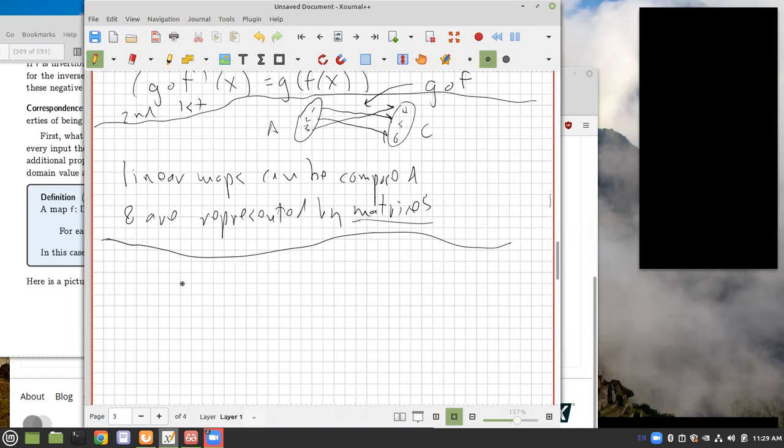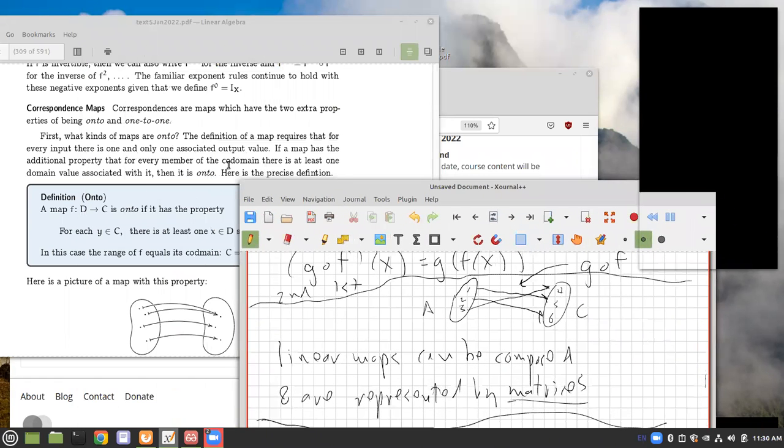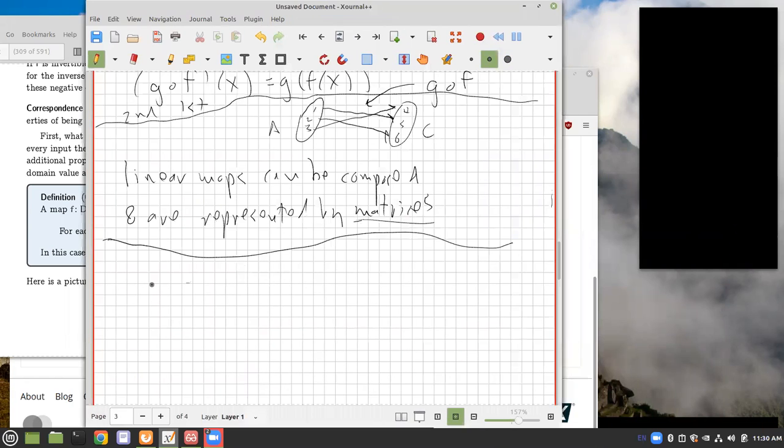But we're talking about maps, and we've just defined the ideas of one-to-one maps and onto maps. And oh, there's a name. We're going to call a correspondence a map that is one-to-one and onto.